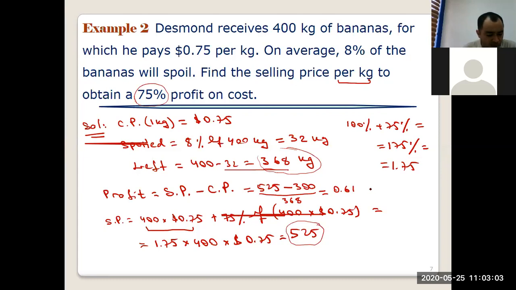Let me correct that to 4 decimal places. 0.6114, which is equal to 61.14 cents.